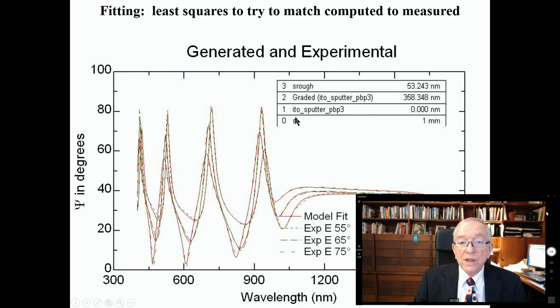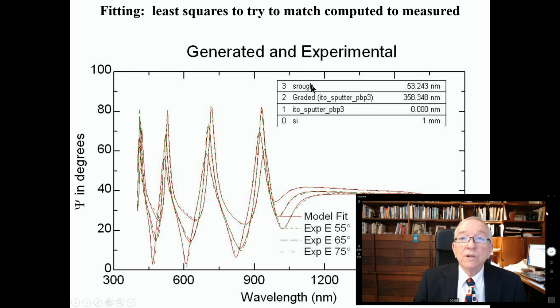So the model that eventually got settled on for this particular solution was a silicon substrate here at the bottom, air up above, not indicated in the figure. This is not a layer, but it's a way of incorporating some optical properties into the modeling program, the Willem program.